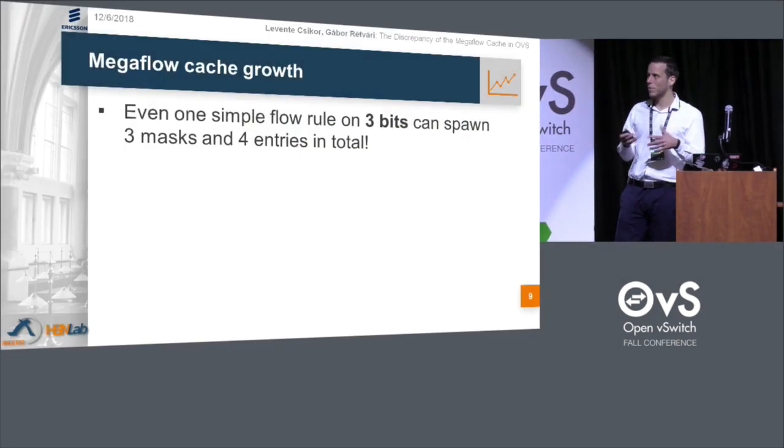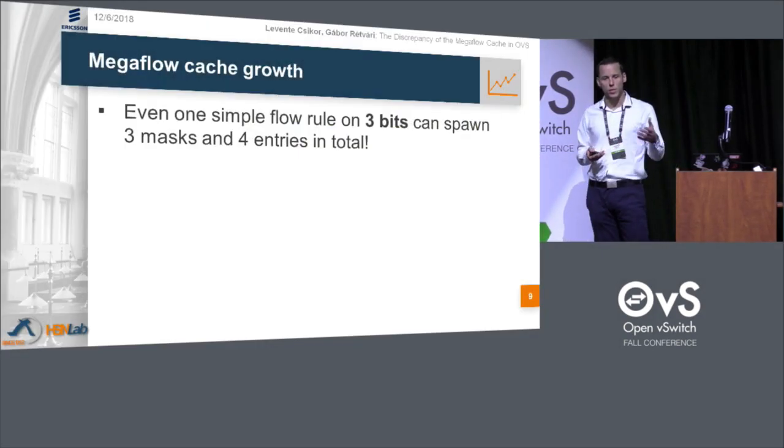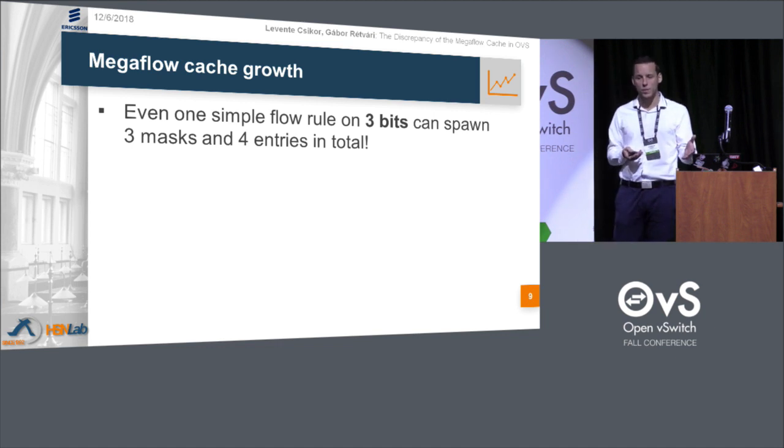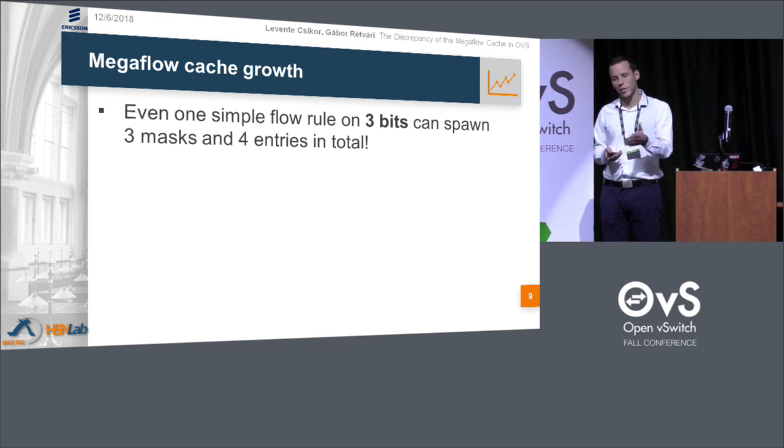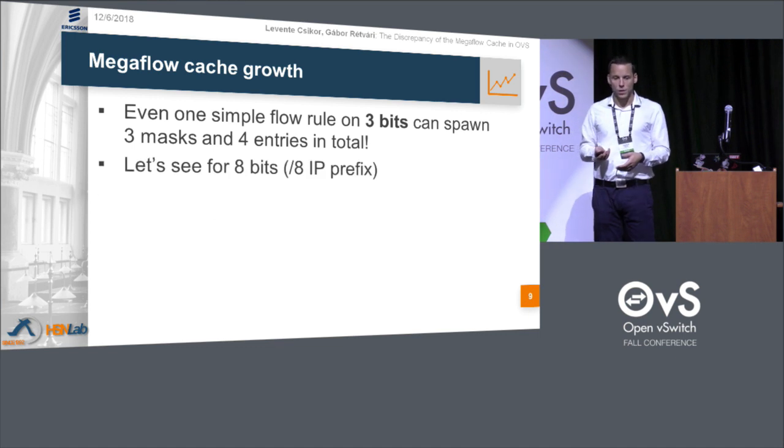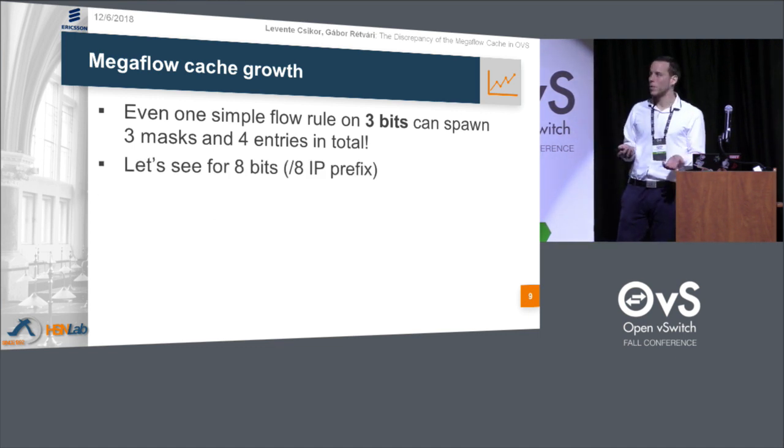So let's see how this Megaflow cache can actually grow. We just saw that even a simple flow rule on 3 bits can spawn 3 masks and 4 entries in total. Let's see what happens for 8 bits.